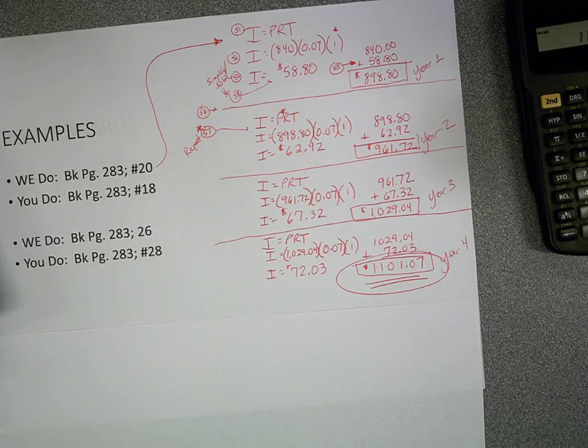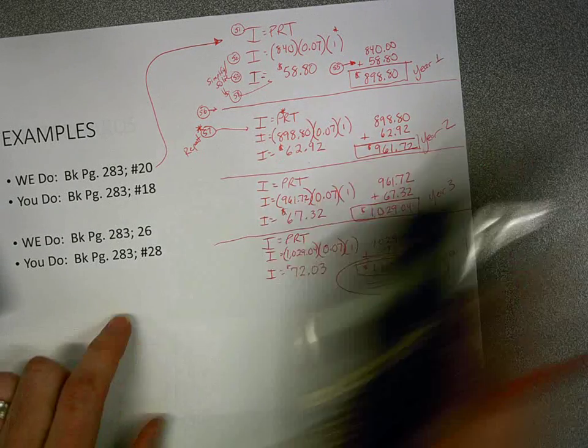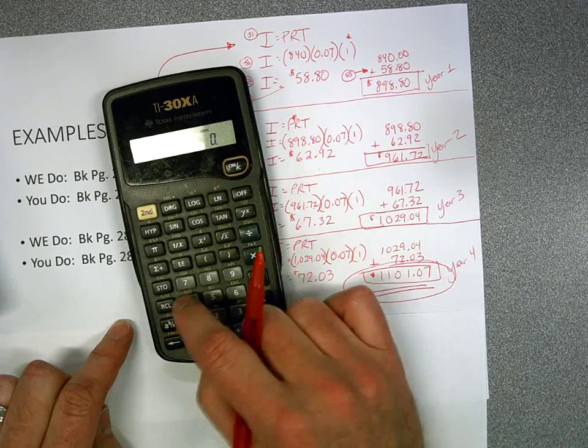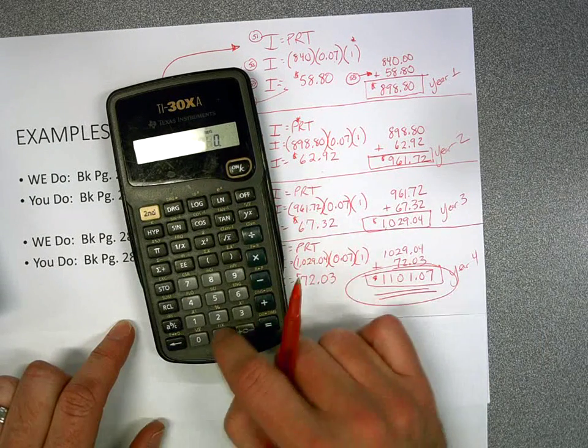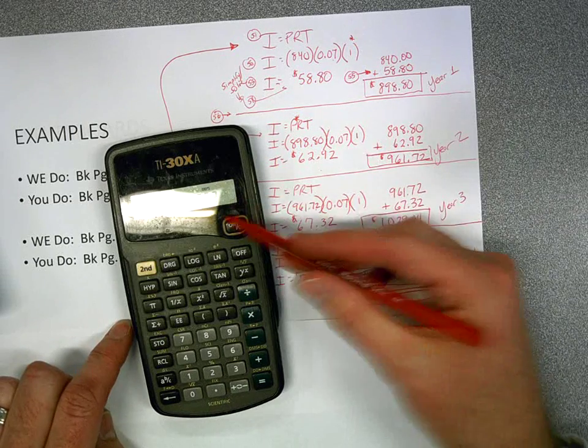I know, my students always love compound interest. Isn't simple interest much more fun? You guys see why I say simple interest is more of an estimate? Because if you did this problem with simple interest, watch. 840 times 0.07 times 4 equals 235.2.